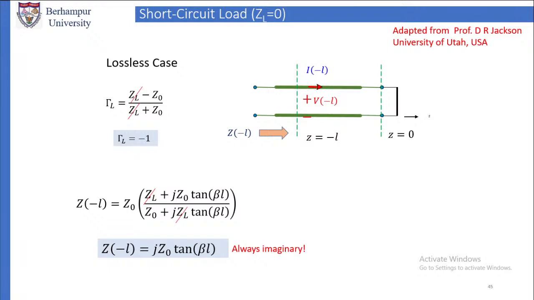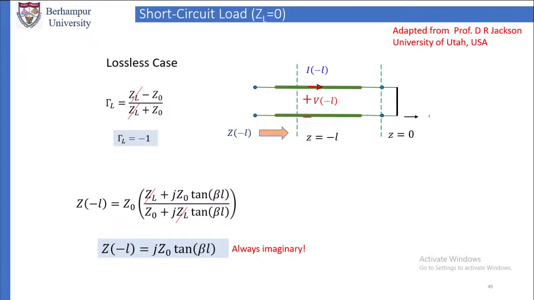So gamma L is equal to minus 1 indicates voltage is 0, current is maximum at the short circuit point, or at the load point where you are loading the transmission line. At that point gamma L is equal to minus 1, which means it is short circuited.